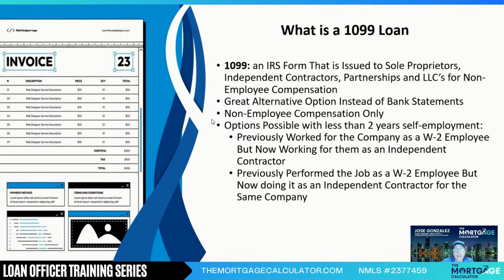Well, you could have a 1099 borrower that previously worked for that same company as a W 2 employee, but is now working for them as an independent contractor. Or you could have a 1099 borrower that previously performed the same job duties as a W 2 employee, but is now doing it as an independent contractor. Now, it can be for the same company or it can be for another company, but the main note here is that they're doing the same job duties.